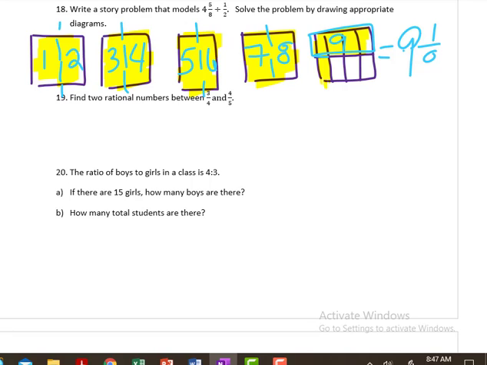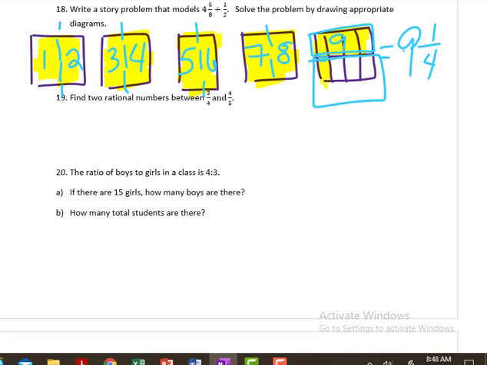So it'd be 1/4 of a half. And the reason it would be 1/4 of a half is that this piece right here is a half and 1/4 of it is colored.